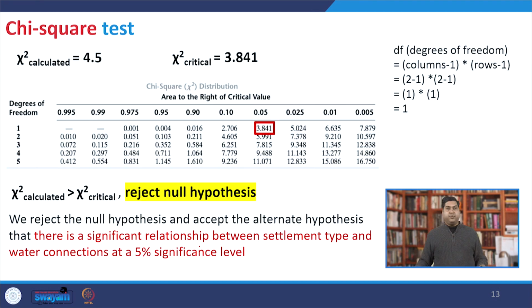The next task is that from the chi-square table, which you can easily download, we have to find the value at degree of freedom 1. So this is the value, and here we are trying to see the statistical significance at the 5% significance level, so the value should be taken as 0.05. So this is the 5% significance level.